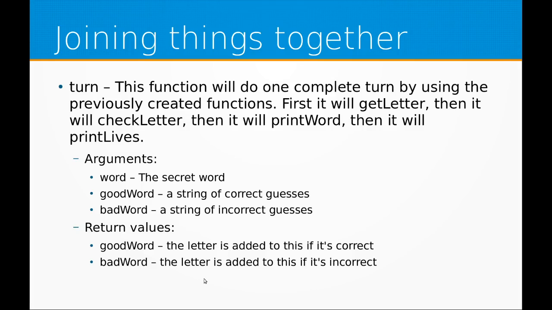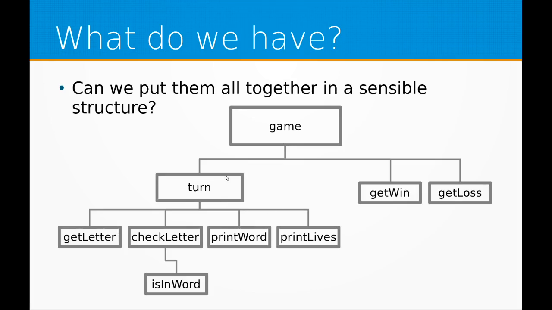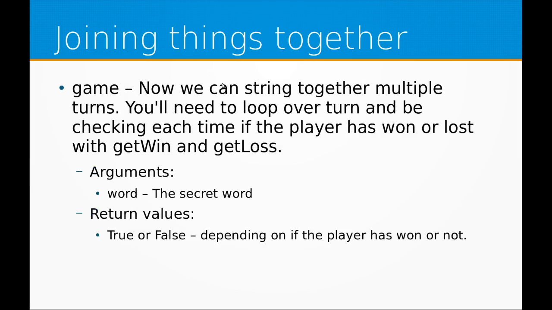We can then join this up even more if we just quickly go back here. If we got this working, we can then join this up to get win and get loss to make the game. So that's stringing together multiple turns. So this is where we're starting to get a loop in, and you'll just be running over turn again and again until a win or a loss.